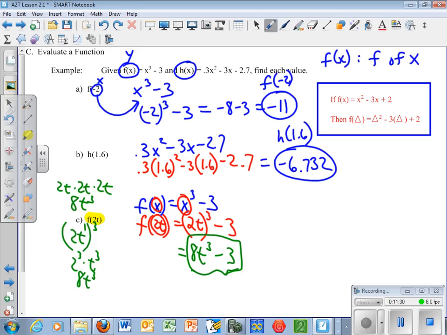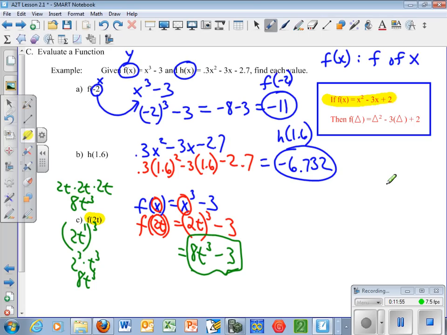So when you're finding or evaluating a function and you're putting in a variable for another variable, you're going to end up with an expression that's got that variable in it. But you just combine like terms, go through and simplify the expression. Okay, so I want you to pay attention to this example over here at the end, and I know this isn't in your guided note packet.